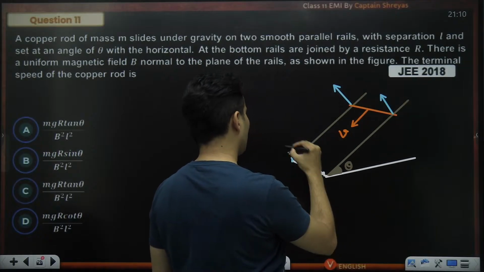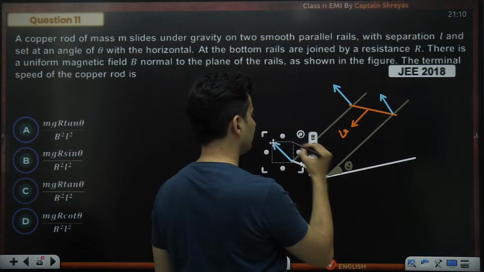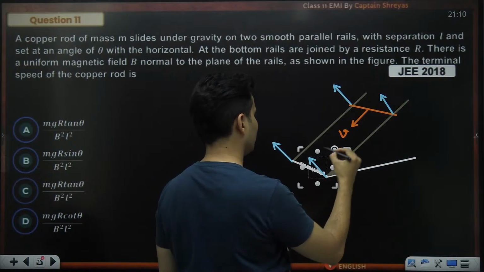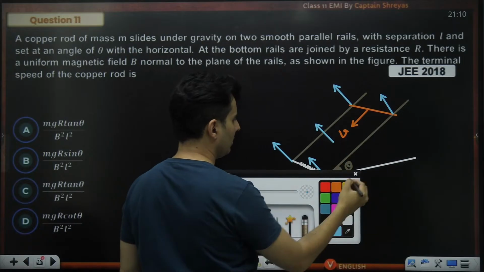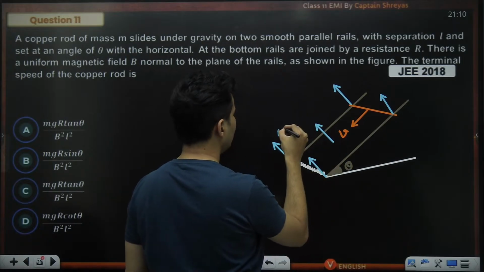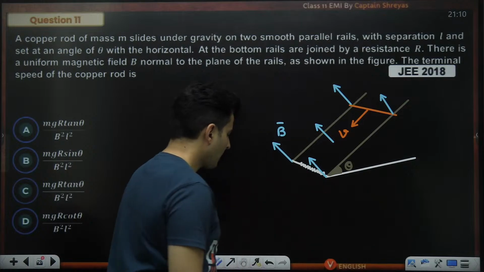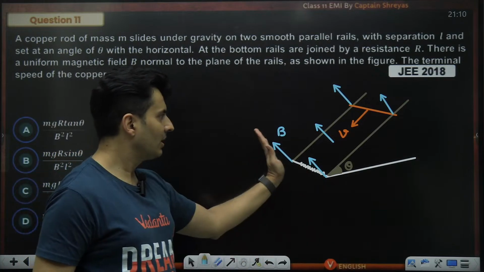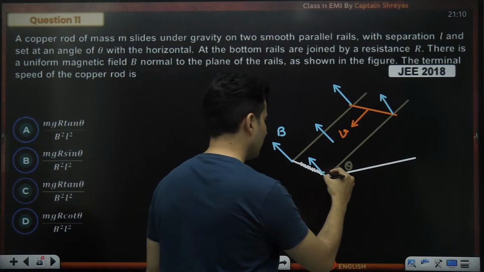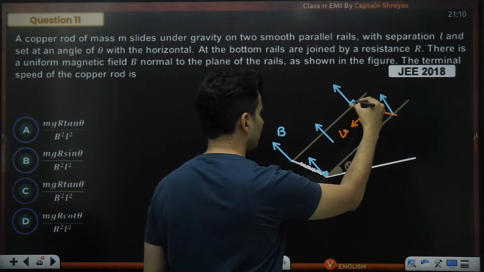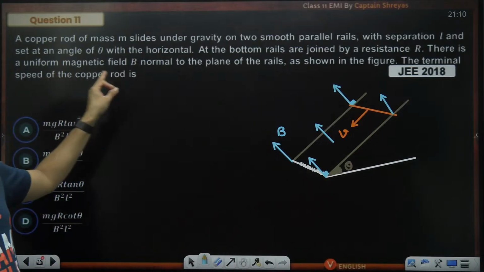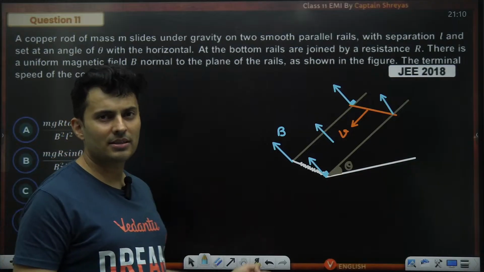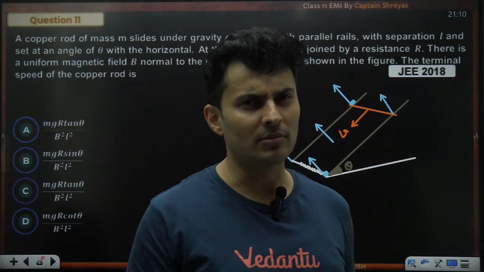You'll have to visualize this really. It's at some angle and it is perpendicular to the rails, as you can see over here also. Now it is coming down with some velocity. Question is, find out that velocity.